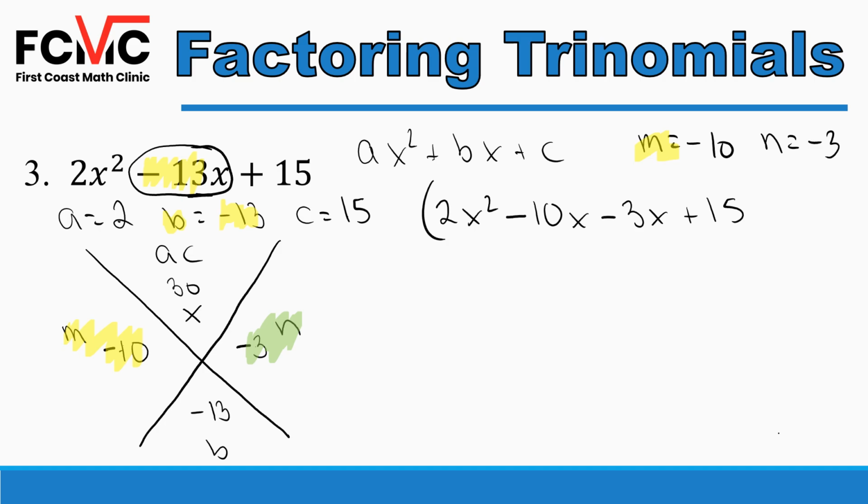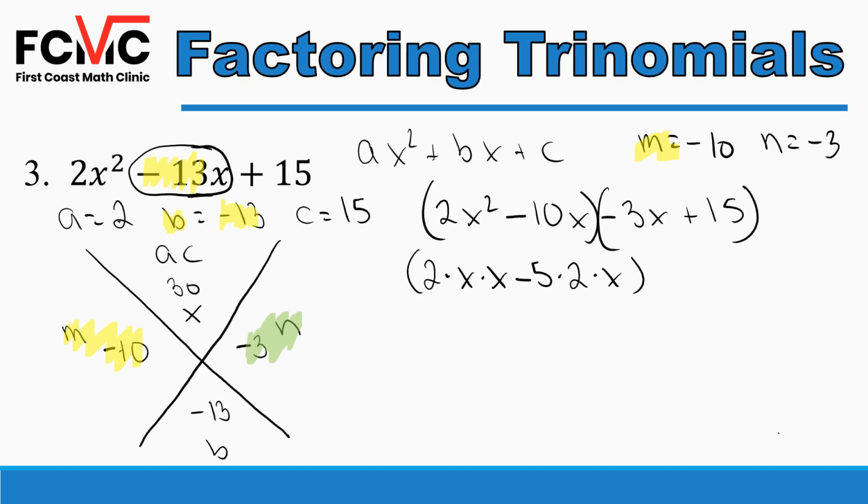Let's group the first two terms and the last two terms, and let's write this out. So 2x squared is basically just 2 times x, minus, we'll do 5 times 2 times x. So what do we have in common?